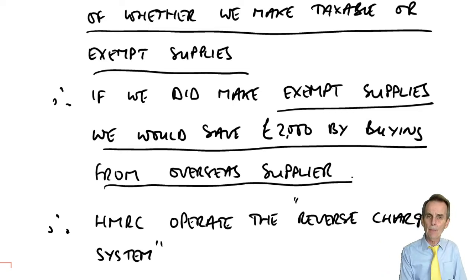If we are onward selling those goods and we make exempt supplies, then our net cost would still only be £10,000. If we bought from the UK supplier, our net cost would be £12,000, as we've just explained.